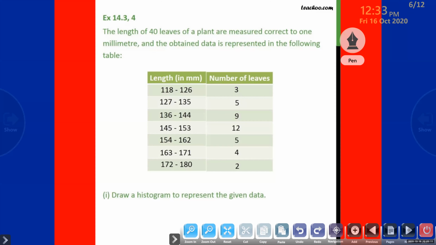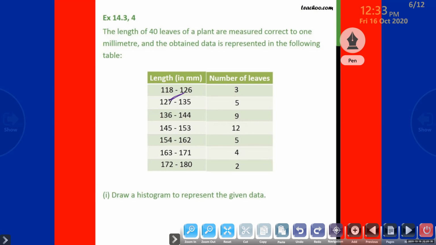How can you make it continuous? By subtracting 0.5 and adding 0.5. How did you get 0.5, children? Because look at here, 126 and 127. What is the difference? 1.